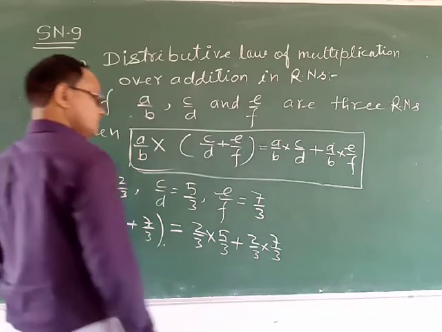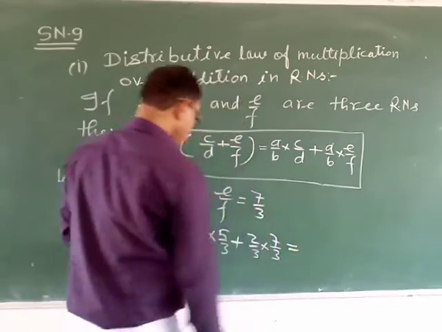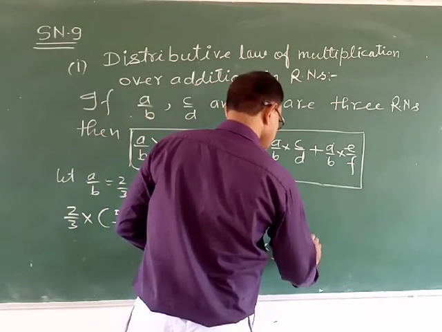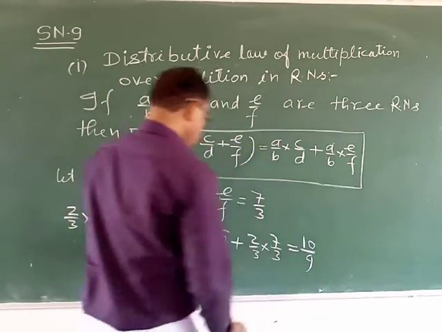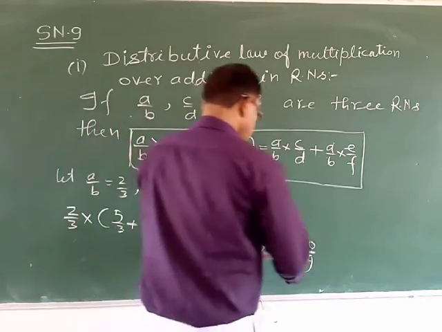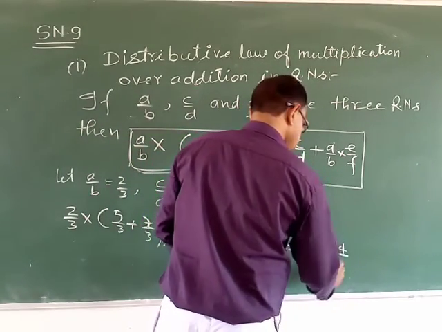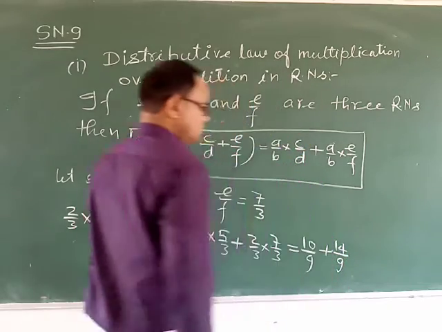Okay, then here we write 2 fives are 10, 10 by 3 threes are 9, plus 2 sevens are 14 upon 3 threes are 9.